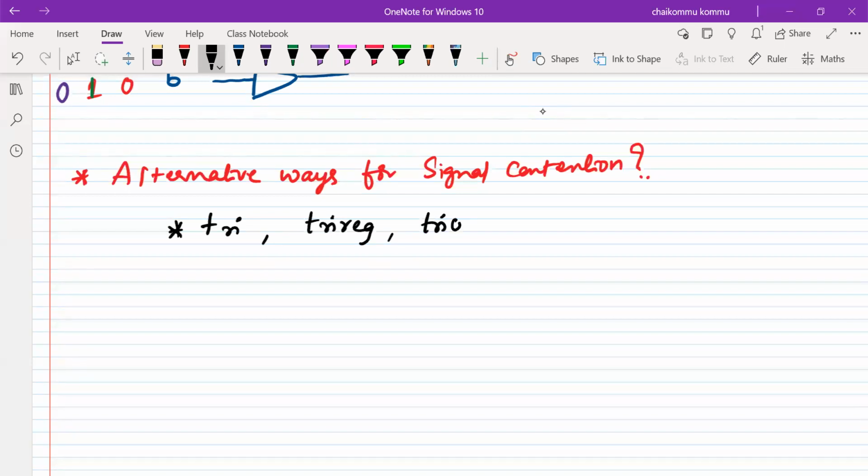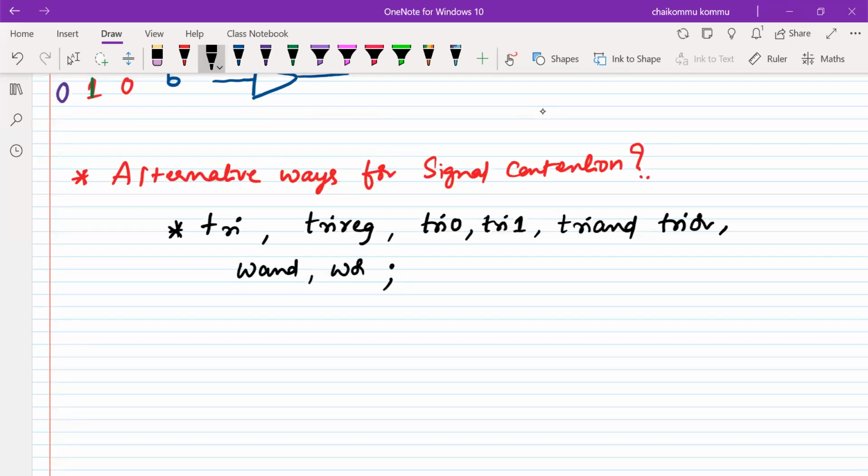Okay, tri0, tri1, and then triOr, triAnd, wire AND, wire OR. These are the keywords, or the functionalities, that we can use to reduce the signal contention. Okay, let us see them one by one.